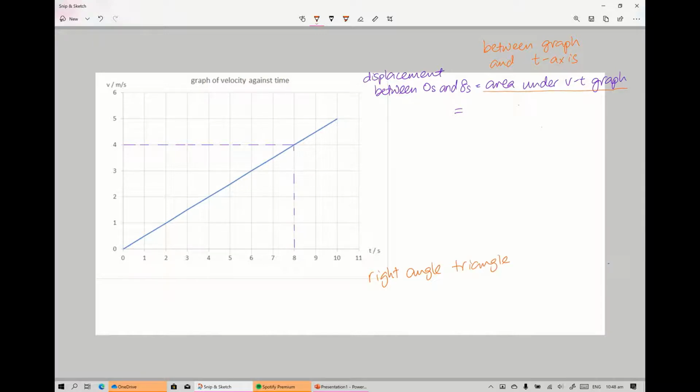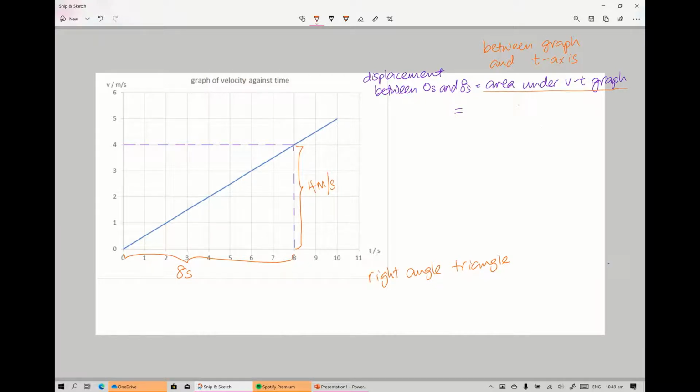And how do you find the area of the right angle triangle? Half base times height. From 0 to 8, that's 8 seconds. From 0 to 4 meters per second, that's a change of 4 meters per second.